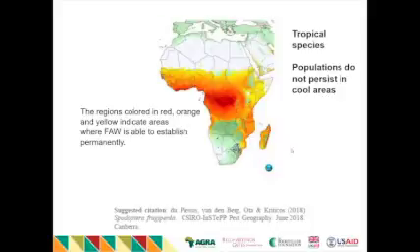So in this map, the regions colored in red, orange, and yellow are the regions which are suitable for fall armyworm to establish. So in these parts of Angola and Zambia and the highlands of Zimbabwe and Western Kenya, for example, you can with accuracy predict that there will be annual invasions, but that the pest will not always be there.